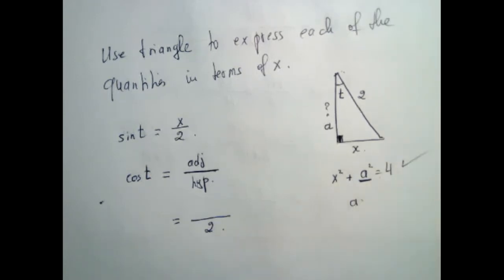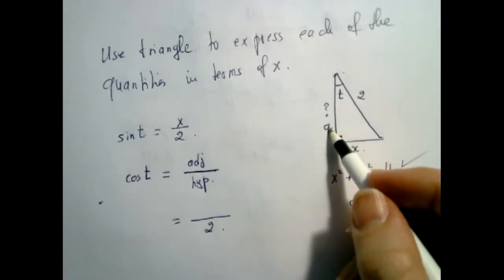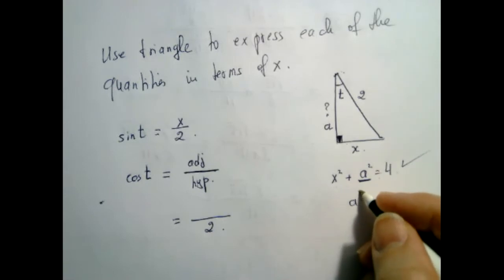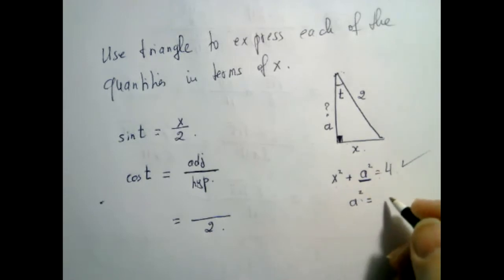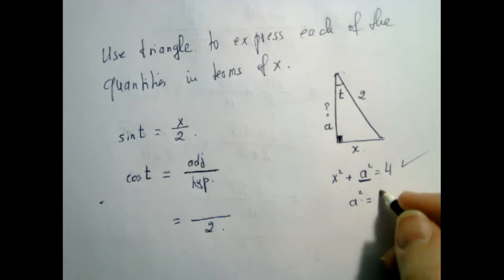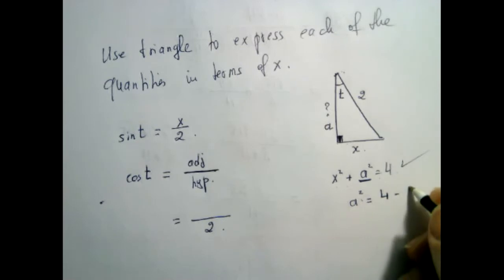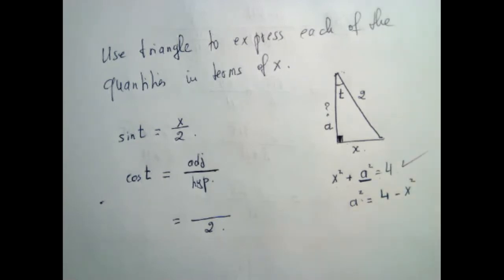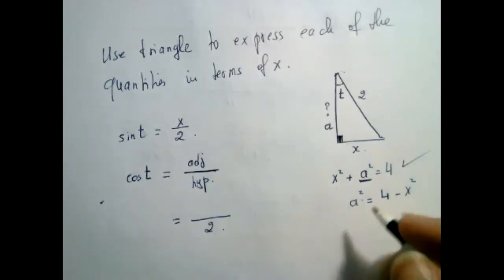This is Pythagorean theorem, correct? I want A. We have to, wouldn't it be radical 2? A would be radical 2, right? No, listen, watch carefully what I'm doing. A squared is 4 minus x squared. Am I correct? Yes. So A is what?